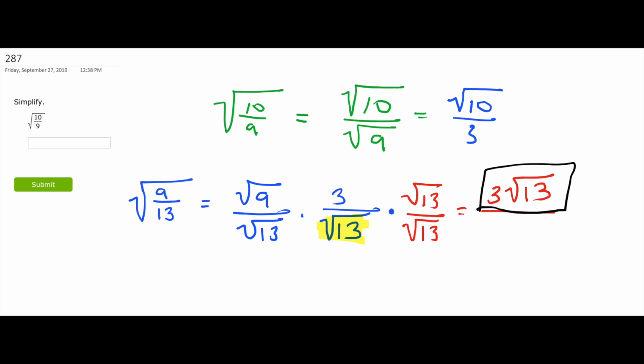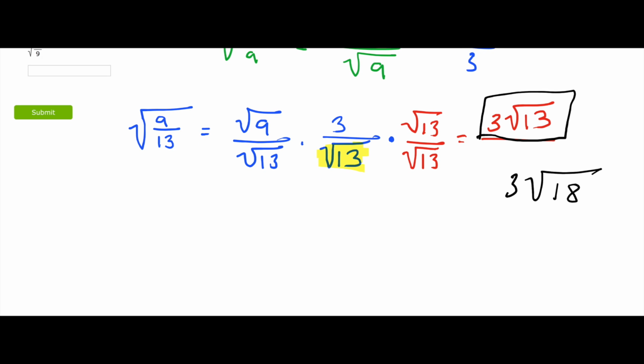So if you were at this step and you had more work to do like that, then you could factor tree 18. Another way of doing it without the factor tree takes a little more thinking, but you can chop up that number 18 into what I know for sure has a perfect root.